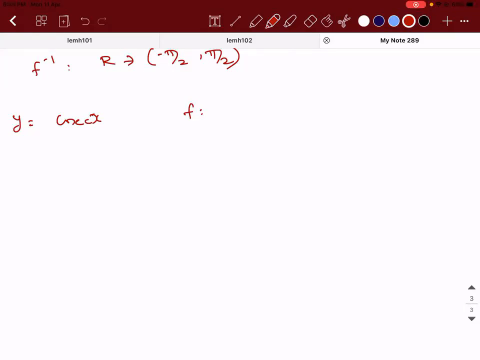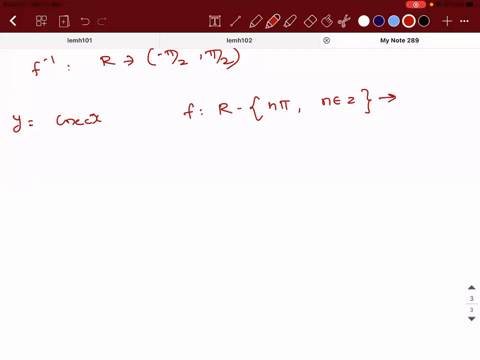Cosecant x is 1 by sin x. Wherever sin is going to give you a 0, cosecant will give you infinity. Correct? So where all will sin give you 0? It will give you zeros at n pi. So you can substitute any real number that you want except n pi where n belongs to Z. Okay. And what is going to be the range for it?